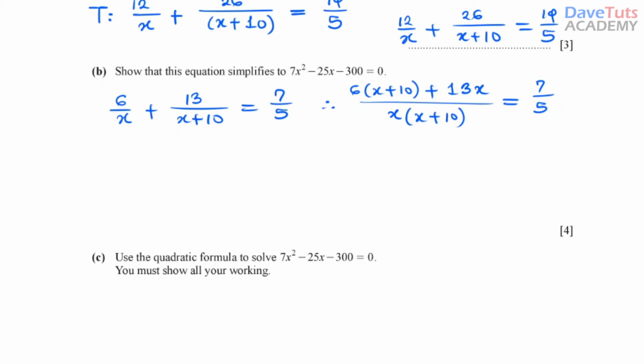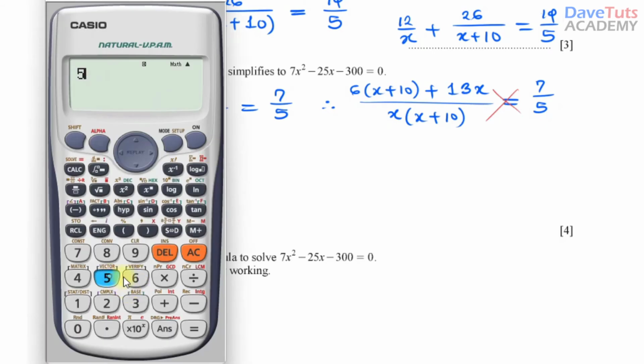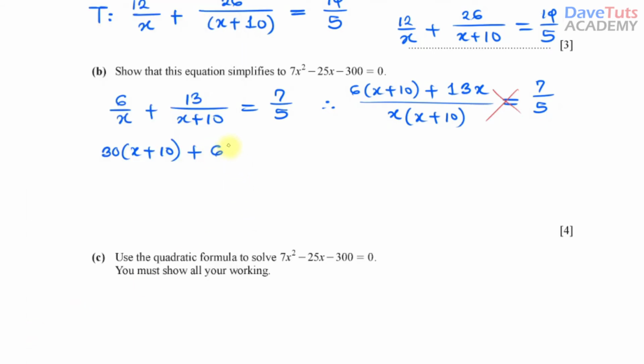So we can do well to just cross multiply this so that we are going to have 5 times the whole of this numerator. 5 times 6, that will be 30 into x plus 10, plus 5 times 13x, 5 times 13, that's 65, plus 65x is equal to 7 into x times x is x squared, x times 10, that is 10x.